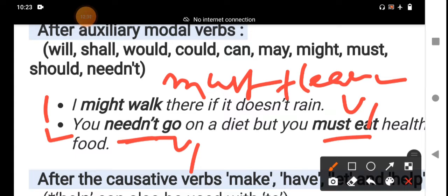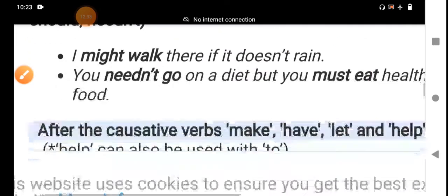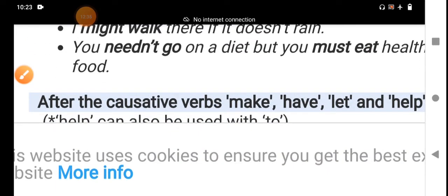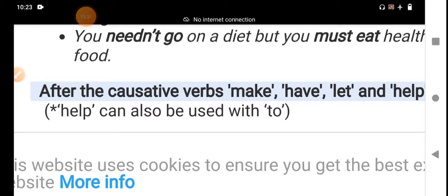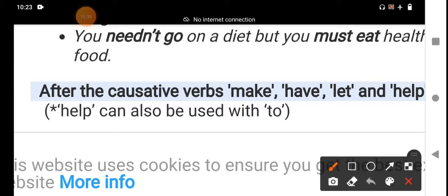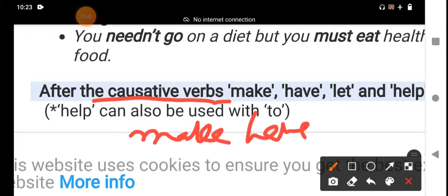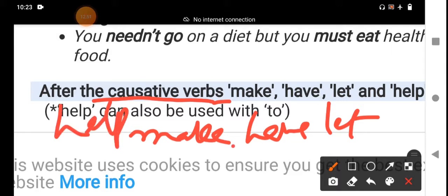Next rule is after the causative verbs. Causative verbs: make, have, let, and help. They have given some of the causative verbs here.